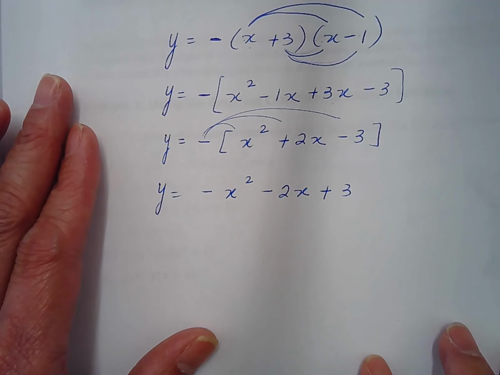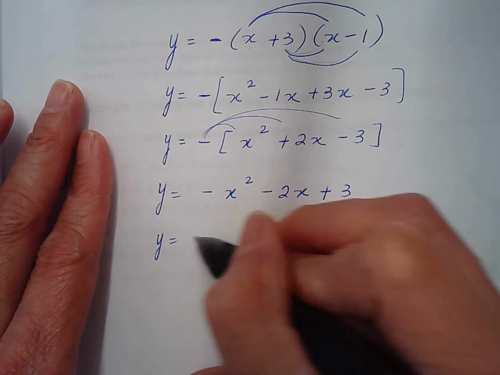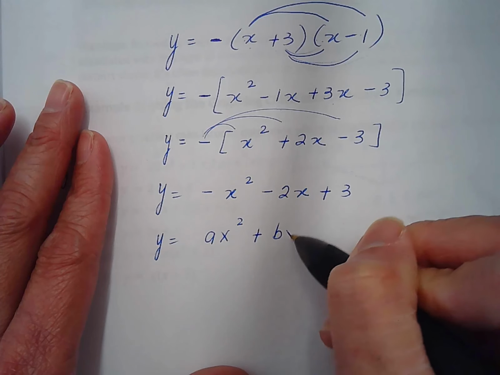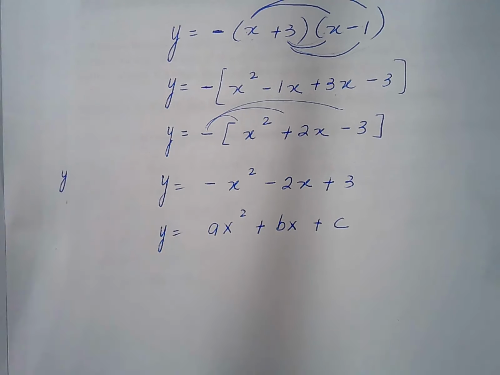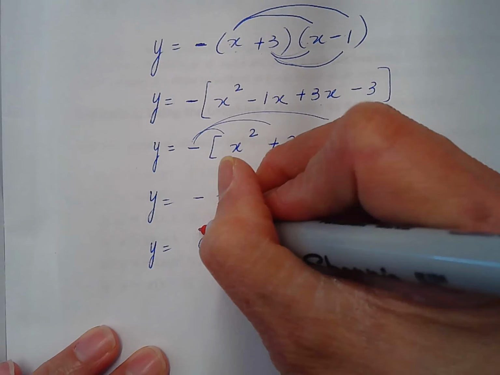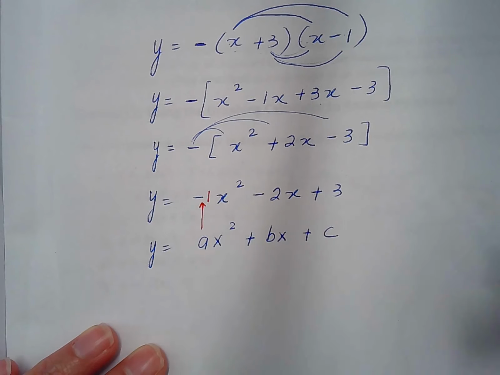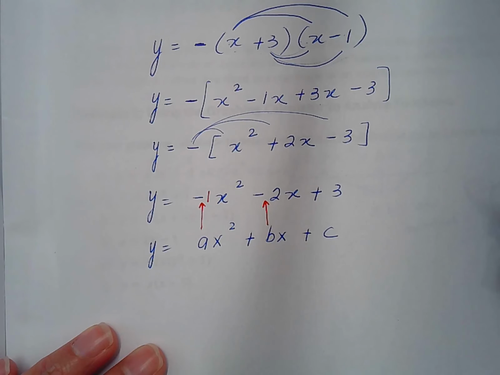So now, does it look like a quadratic function? Y equals ax squared plus bx plus c. So our a value is actually negative 1. The b value is negative 2.